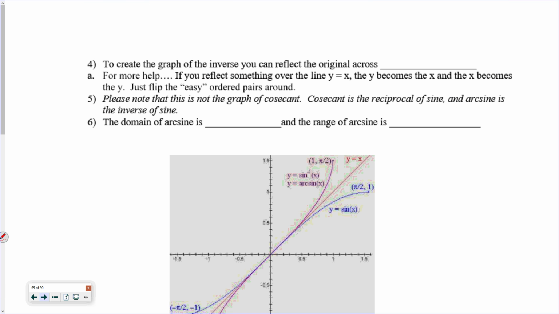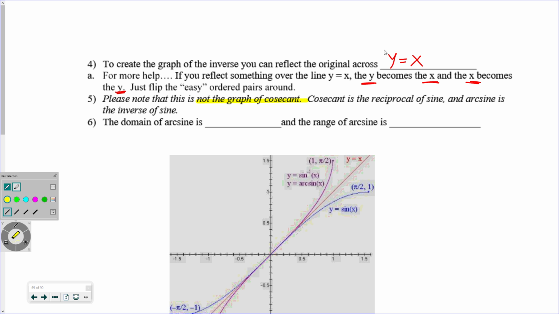To create the graph of any kind of inverse, we always reflect across the line y equals x. If you do so, basically your x and y points switch. The y becomes the x, and the x becomes the y. We can just flip the ordered pairs around. Remember, guys, we made a note here to remind you this is not the graph of cosecant.